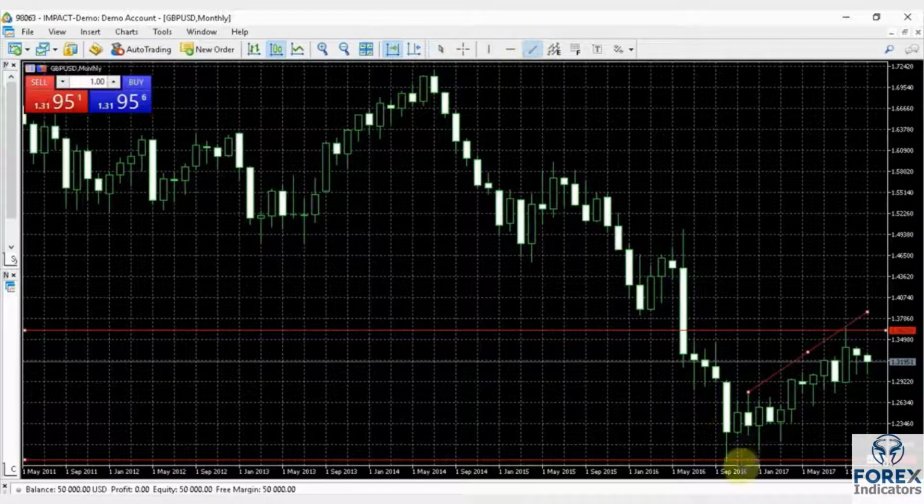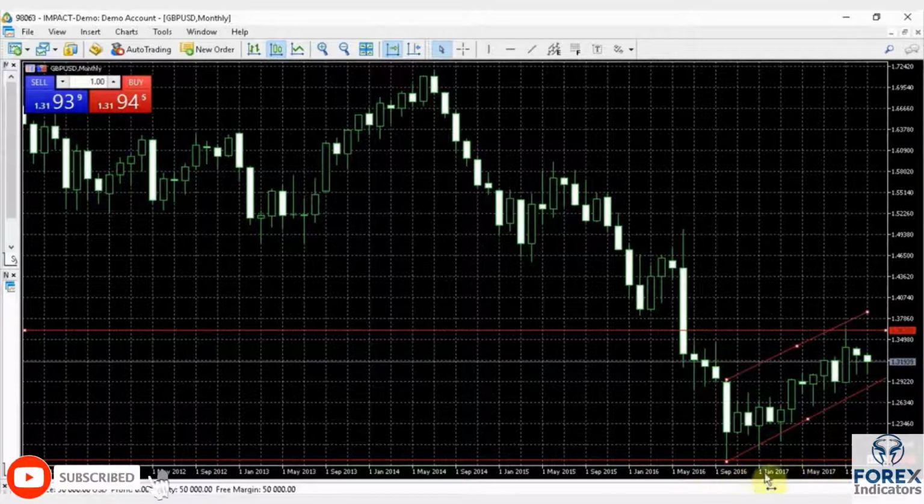And then we have another trend line here, the bottommost part here, bottommost part somewhere, that's the topmost part, and basically we have a trend line there. We have the support here, and we have the resistance here. We can spot a trend on the monthly so that we can base trades on what's really happening in the monthly. This is the support here, and this is the resistance here.